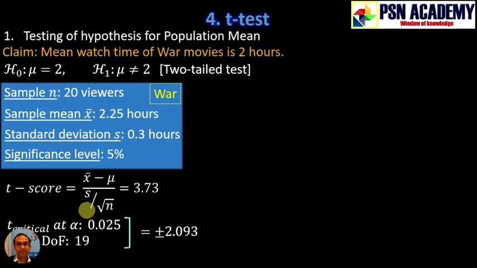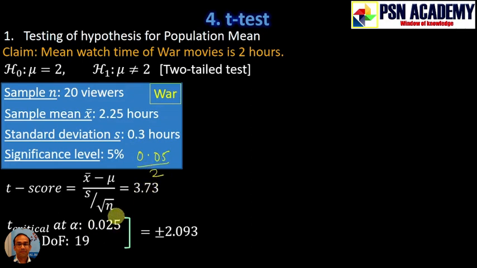Now you go for the t-table. We look at the t-table and find out the t-critical at alpha 0.025. Why 0.025? Because 0.05 is our set significance level. But since it is a two-tail test, this is distributed between the two tails, the left tail as well as the right tail. So you divide by 2 and you get 0.025.